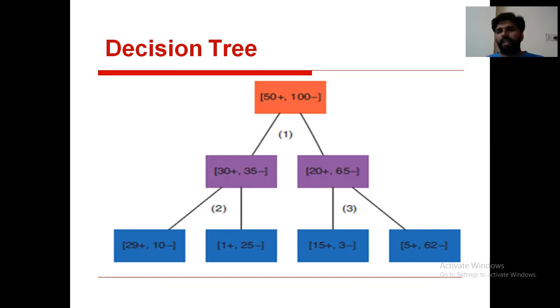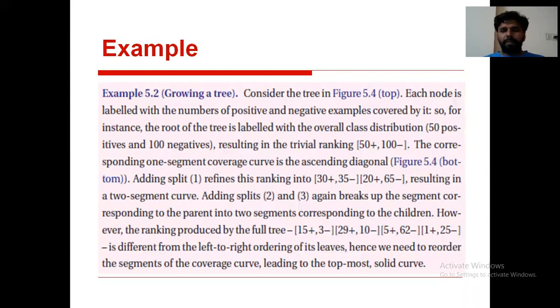We already know impurity measures like entropy, information gain, Gini index, square root Gini, etc. By using those impurity measures, we are going to evaluate or estimate the accuracy of the constructed tree model. This example clearly explains how the tree is constructed and how the segments are formed in the decision tree.